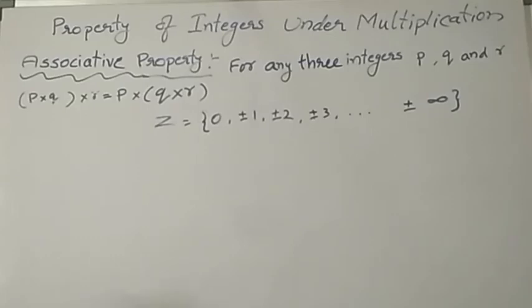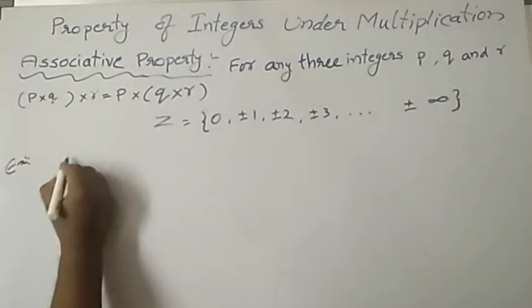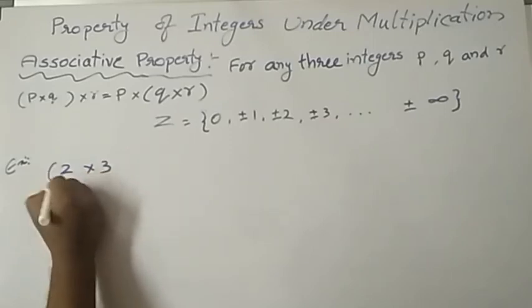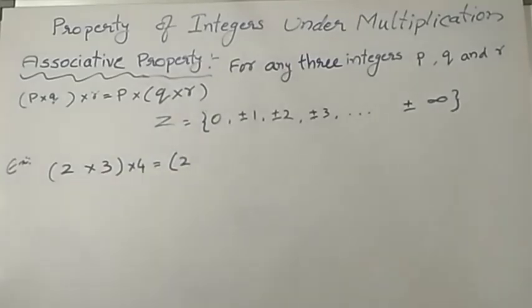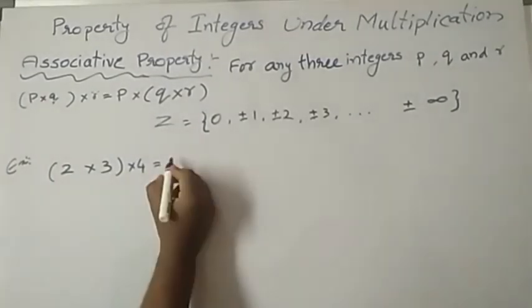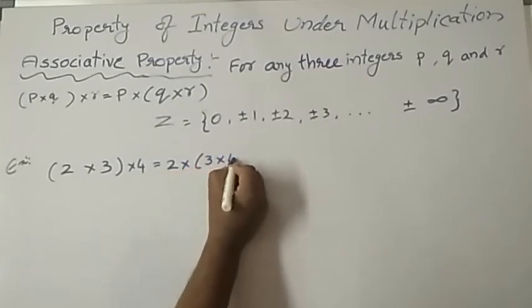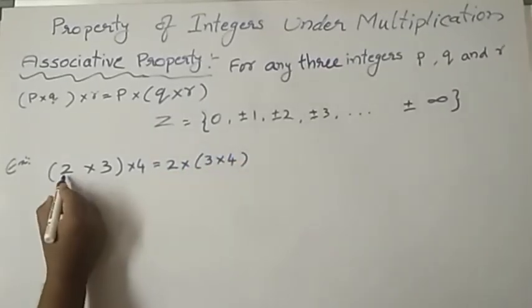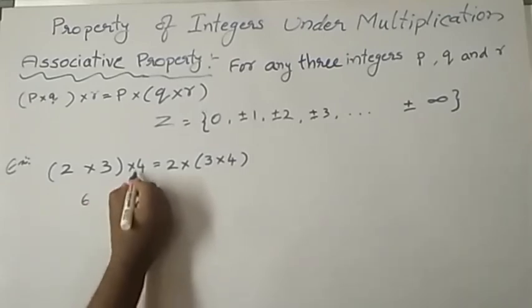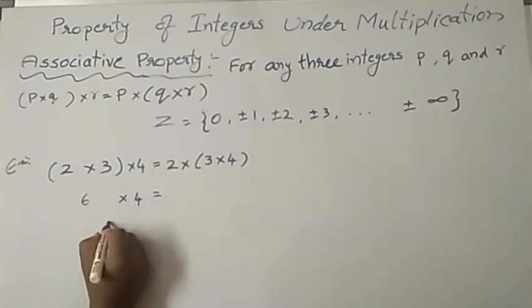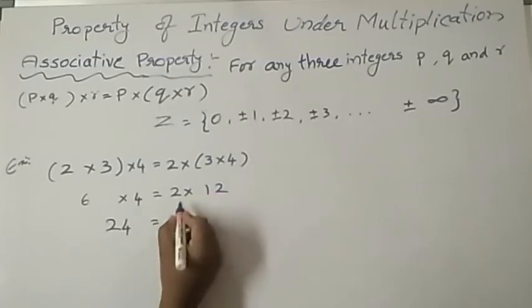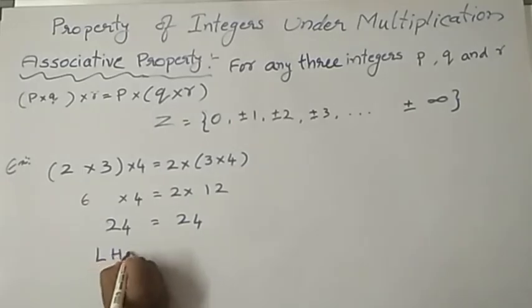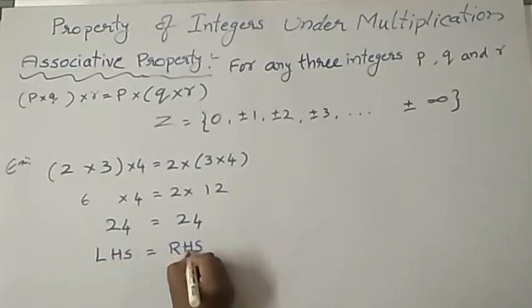I'll take one example. 2 into 3 into 4 equals 2 into 3 into 4. 2 into 3 is 6 into 4. 6 4s are 24. 2 into 3 4s are 12. 2 12s are 24. LHS equals RHS.